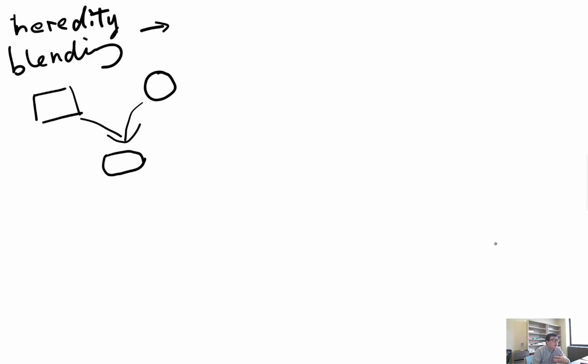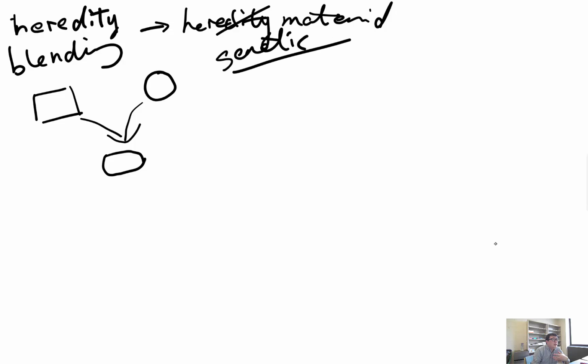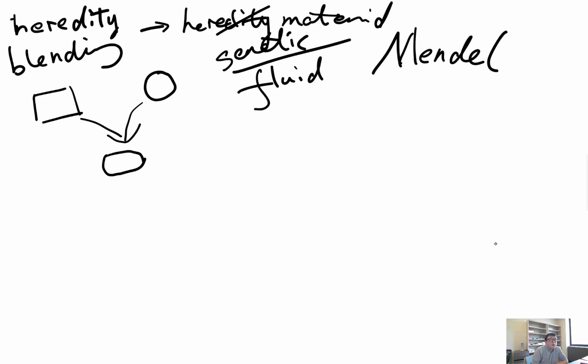This is called heredity material, and nowadays we likely call it genetic material. At the very beginning, people believed this was a kind of fluid material, so that's how they came to call it blending. And this continued until much later, when one of the most famous people in the history of heredity, Mendel, appeared.